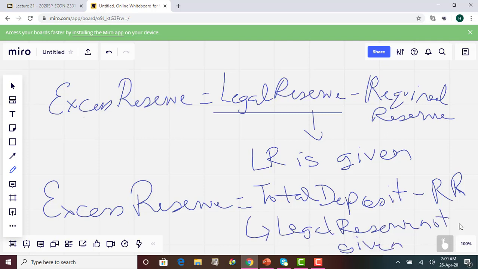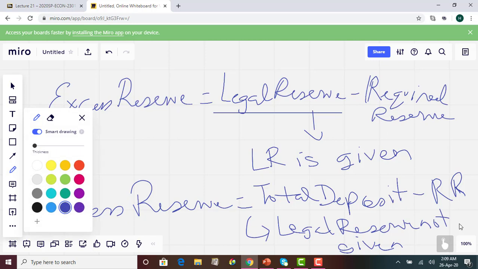Excess reserve is equal to legal reserve minus required reserve, and we use this formula when legal reserve is given. And excess reserve has another formula, which is the total deposits, let's say the total deposit balance with the bank, minus the required reserve, and we use this when the legal reserve is not given. So take notes of this because we will need this information to calculate. We will have problems like this, so make sure you understand.